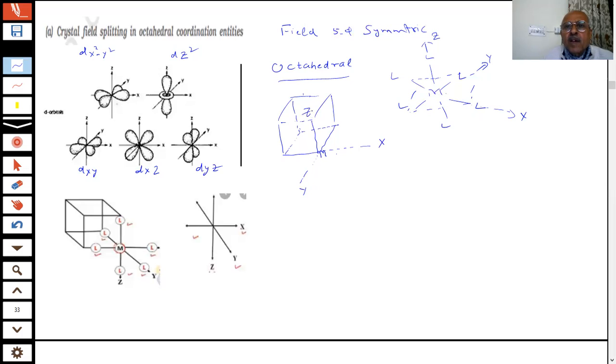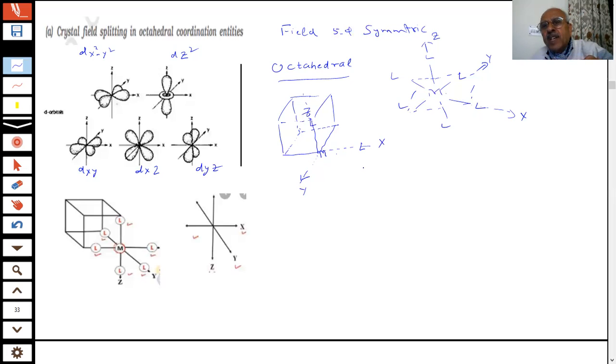The ligands are coming from this, this, and this. Similarly, there will be six ligands, with some on the back, coming in the octahedral case.